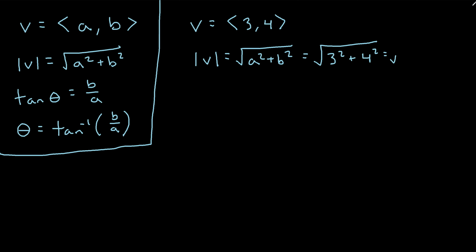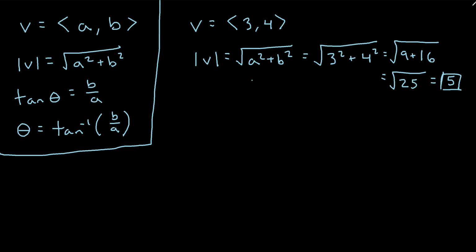So we get the square root of 3 squared is 9, plus 4 squared is 16. So that's 9 plus 16 is 25. So the square root of 25, that's 5. So the magnitude of this vector is 5.